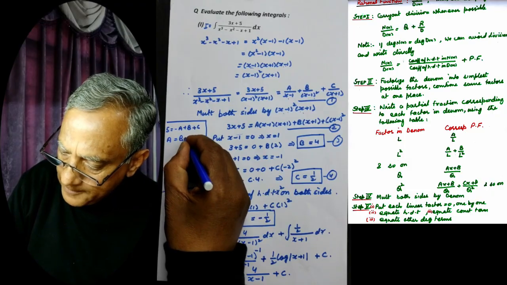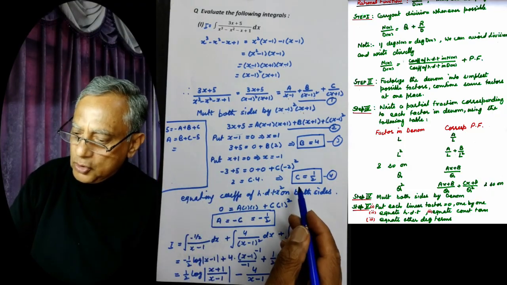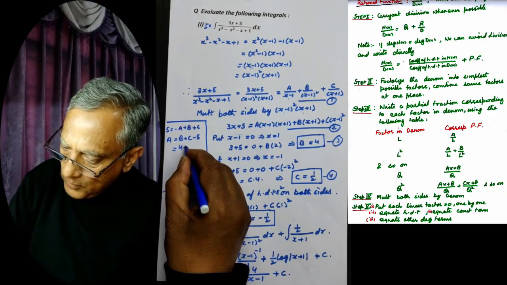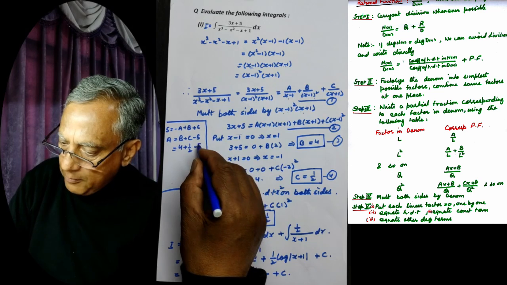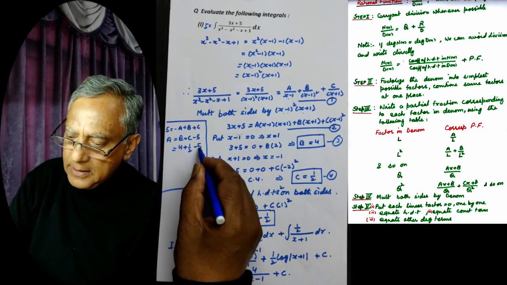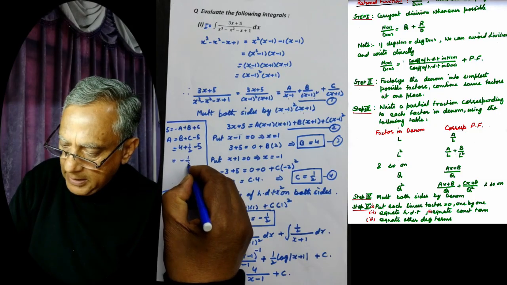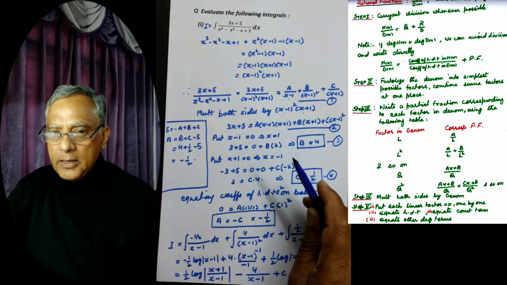So a will be b plus c minus 5. So this will be 4 plus c is half minus 5. So 4 minus 5 is minus 1. Half minus 1 is minus half, which is the same as this.